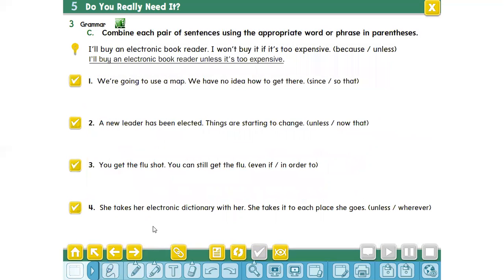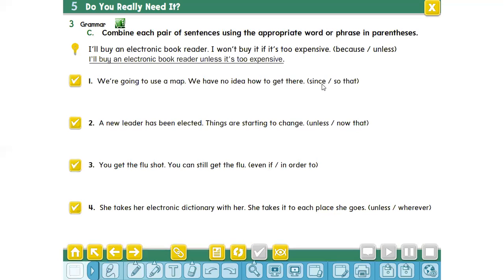What about the next exercise? Here we should combine each pair of sentences using the appropriate word or phrase in parentheses. Number 1, we are going to use a map. We have no idea how to get there. Here, at first, we should choose the correct adverb.